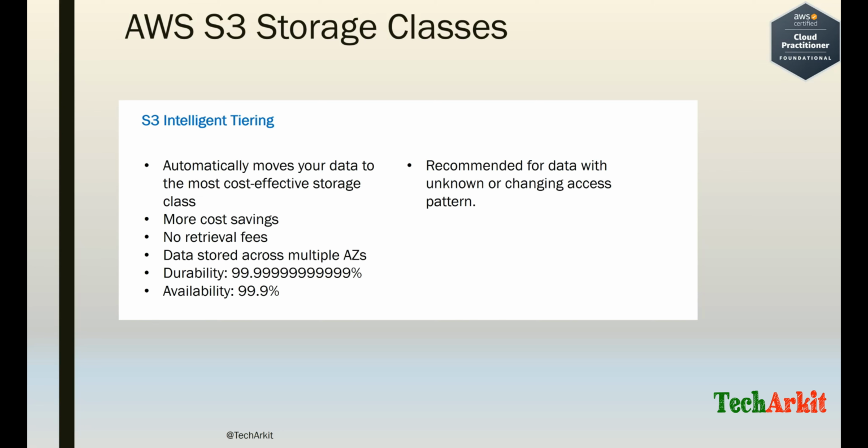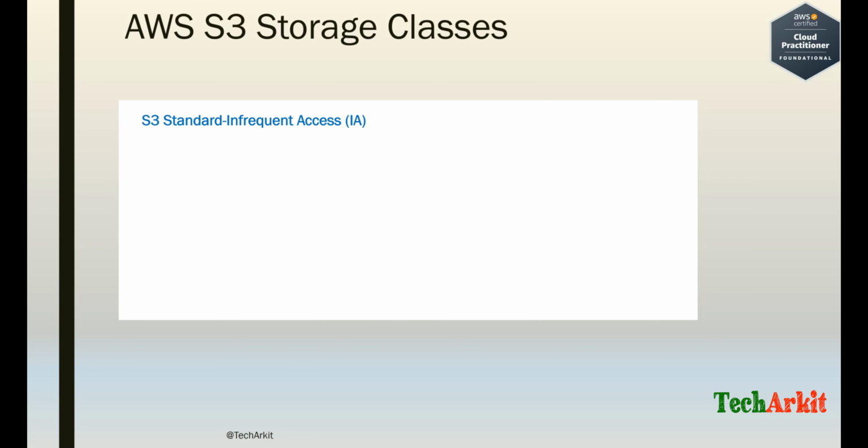If you don't know the changing patterns of the data, you can just use Intelligent-Tiering. It will automatically tier your data based on access. Frequently accessed data is put on hot storage, and data not accessed for maybe 3 or 6 months moves to cold storage, so you save cost on that data.